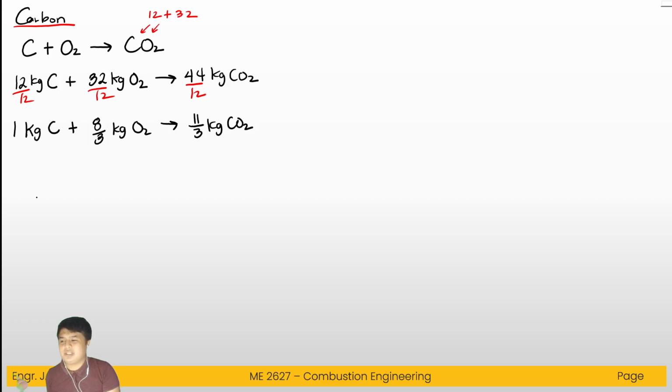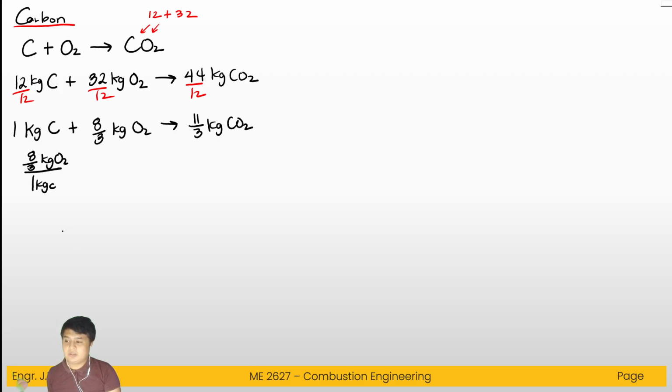So to burn 1 kilogram of carbon, you need 8/3 of a kilogram of oxygen.